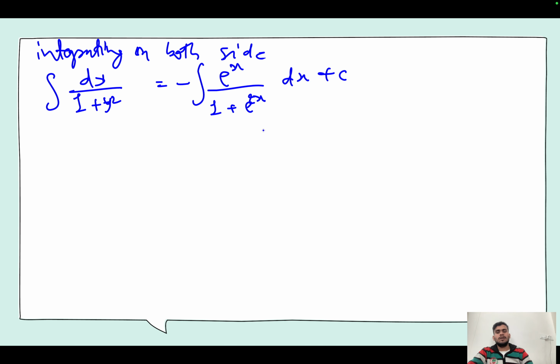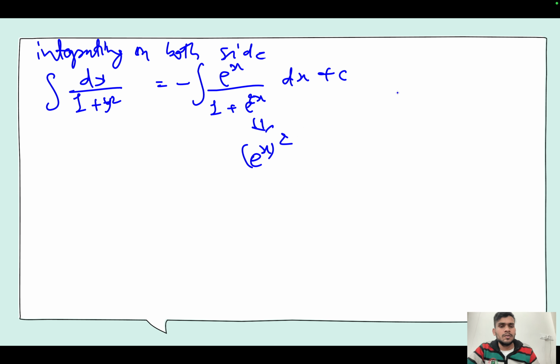Now you can see this is e to the power x upon 1 plus e to the power 2x. We can rewrite it as e to the power x whole square, no problem.